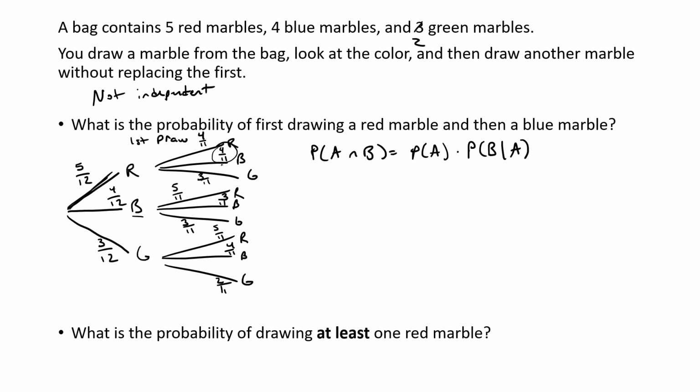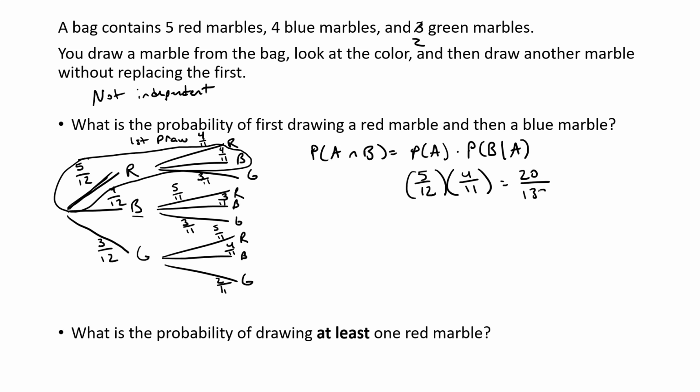This takes into account the fact that you've already drawn a red marble. So when you multiply down the branch of the tree, that's what you're doing. It's just doing that probability for you. So we would simply say 5/12 times 4 11ths. And what does that come out to? 20 over 132, which reduces, but we'll just leave it.